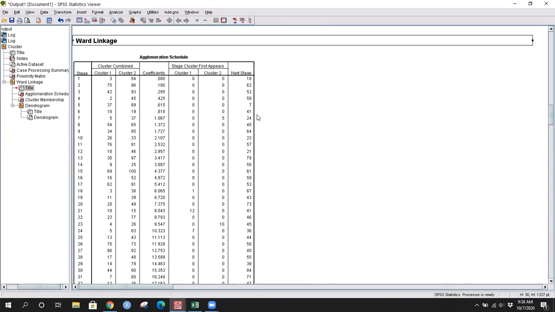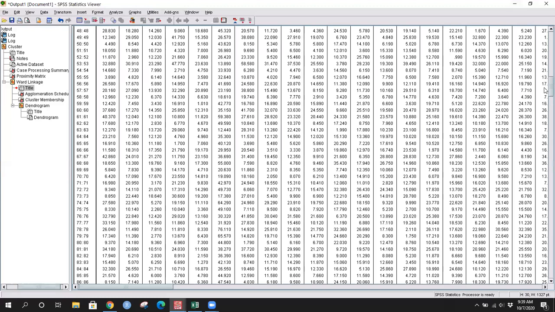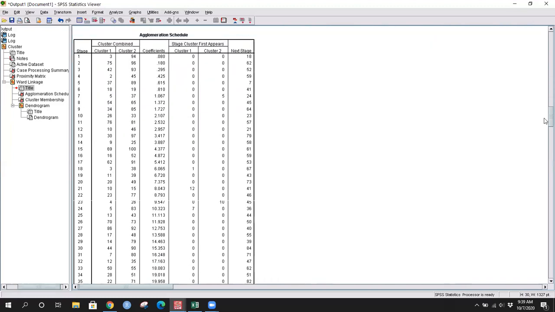Now, how to interpret it? This particular schedule, which you see right in front of you, follows the proximity matrix only. The results in this schedule actually follow from the proximity matrix. It displays how the hierarchical cluster analysis progressively clusters the cases or observations.